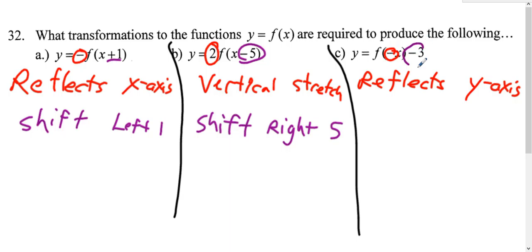And then the minus 3 at the back, that is not with the x, which means it's vertical. So it is a vertical shift in the negative direction, so that's down 3.